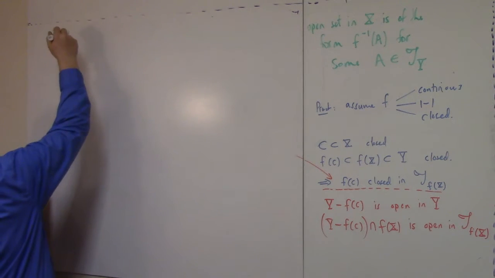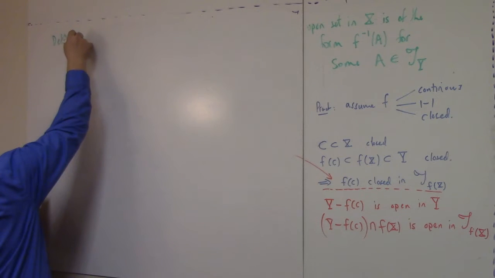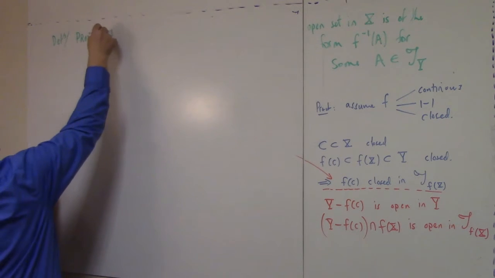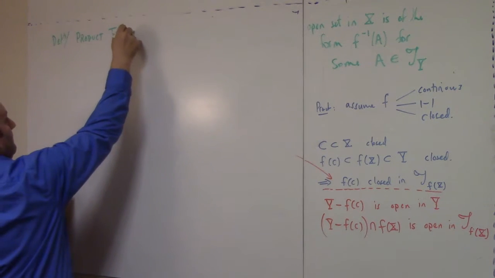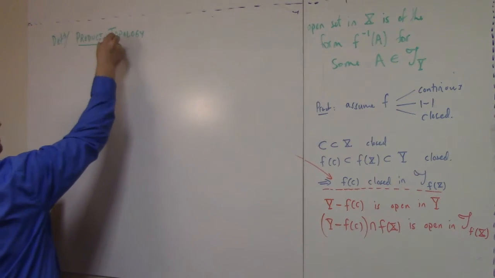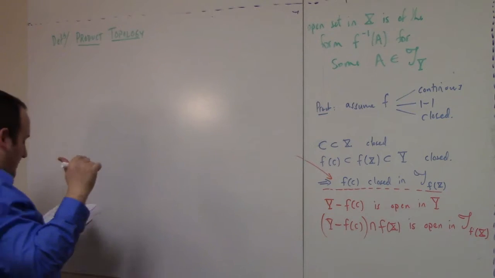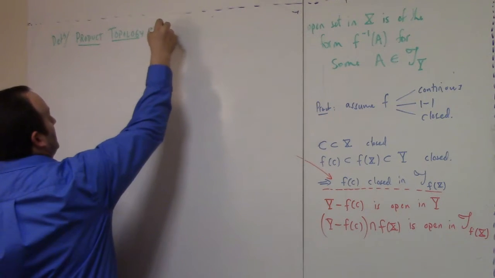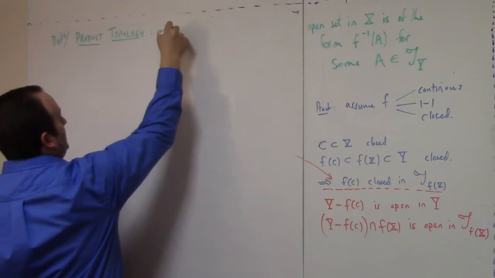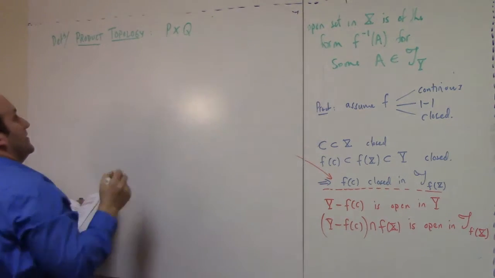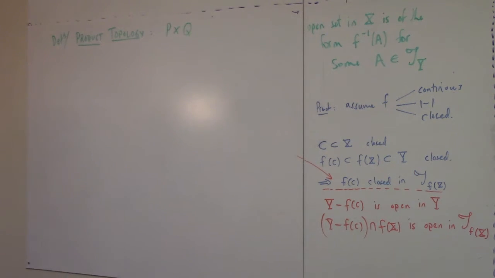Definition. Product topology. So the product topology, you take a pair of topological spaces, P and Q. You take their Cartesian product, and then you can put a topology on the Cartesian product. And his definition is rather nebulous, but it's a good definition.